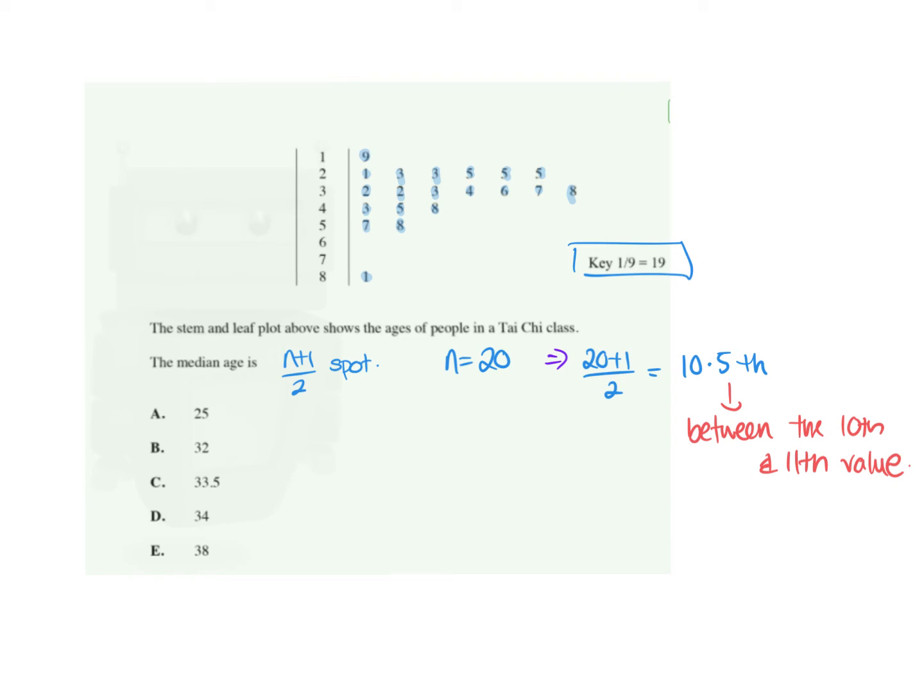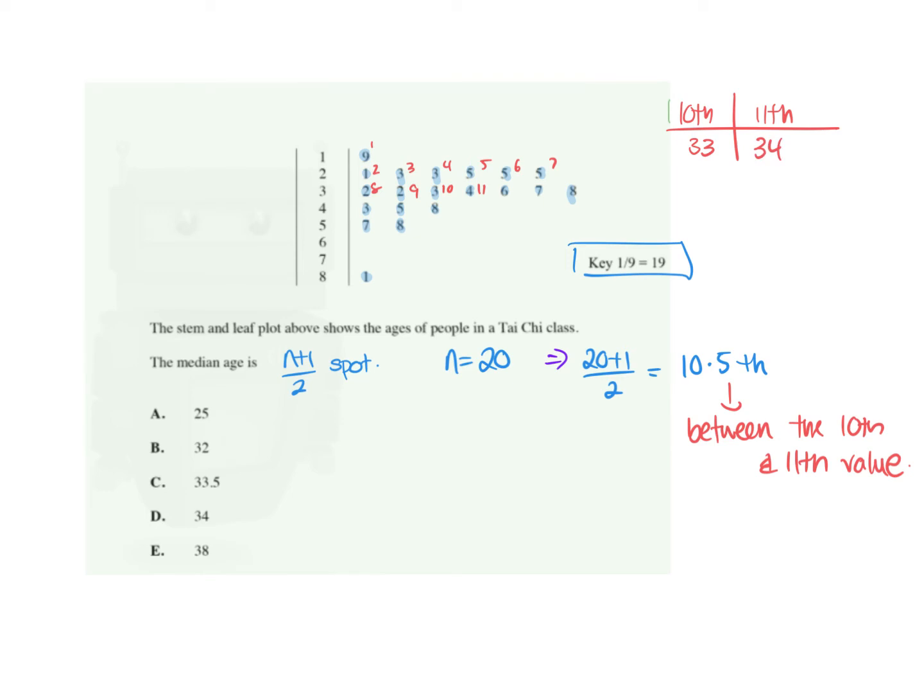So if we count up to find where they are: 1, 2, 3, 4, 5, 6, 7, 8, 9, 10, 11. The 10th one was 33 and the 11th one was 34.